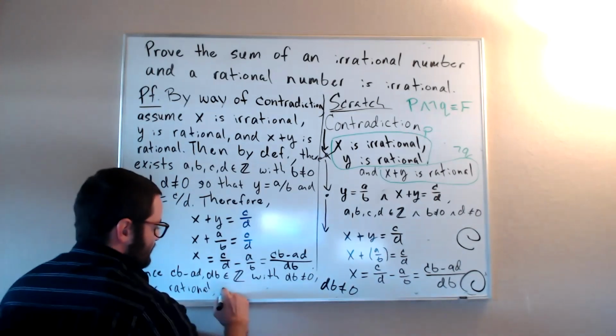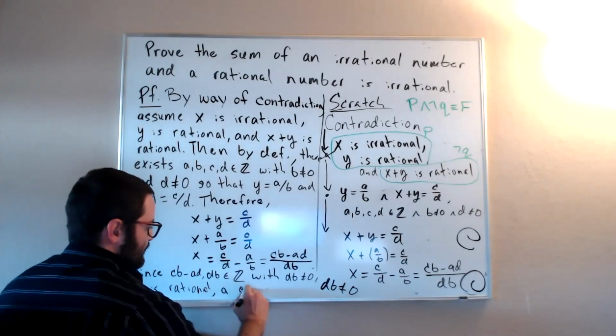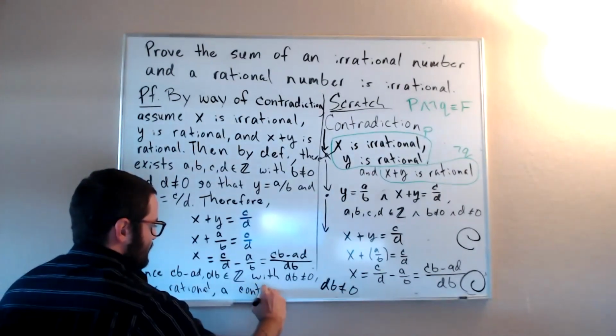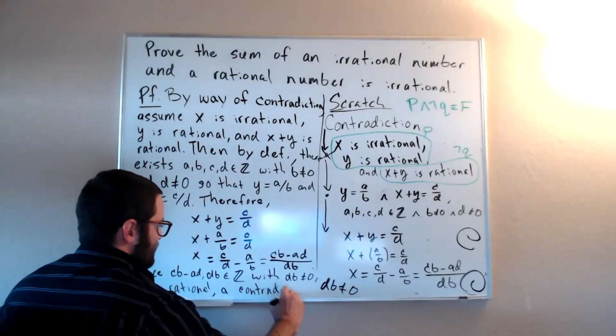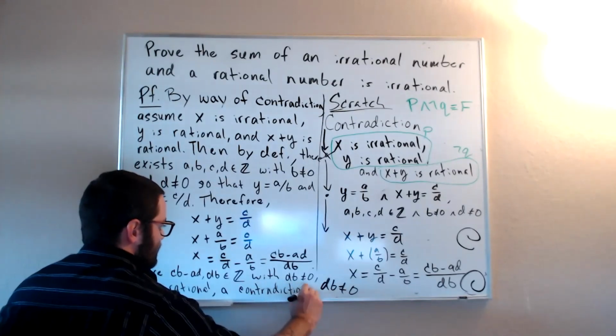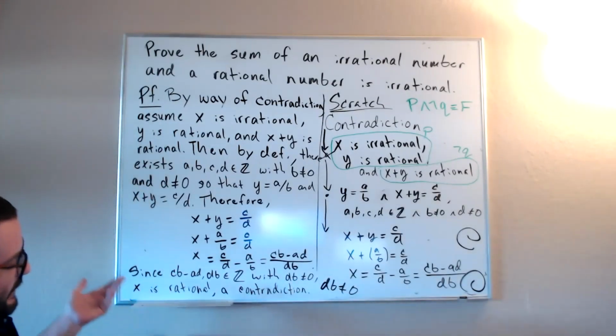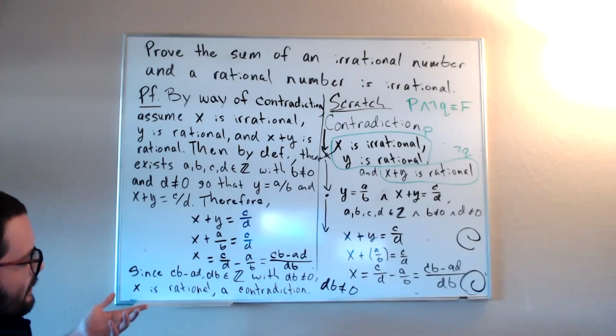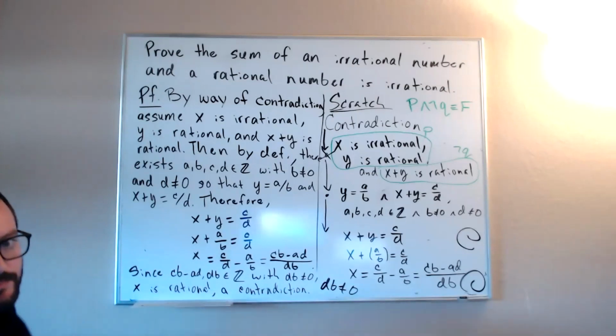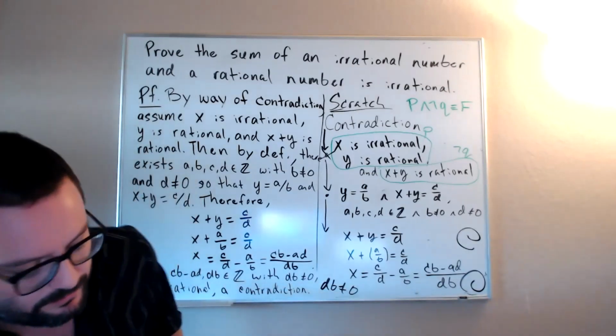A contradiction. And if I had more room, I'd probably write: a contradiction since x is also irrational, or something like that.